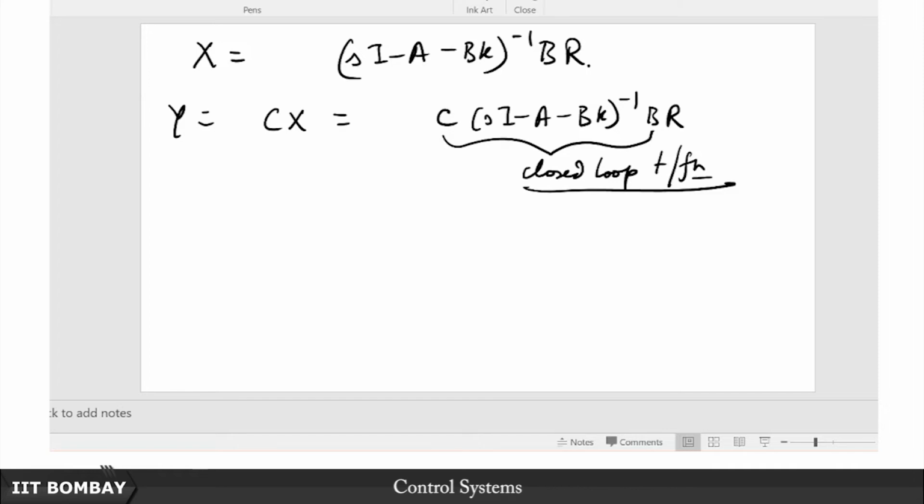All that you need is access to the output and the input channels of the system which is like a black box, and then you can design a model of the system, and using the model of the system you can now design this observer.